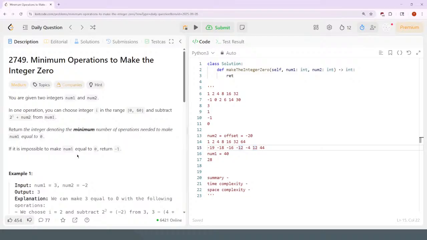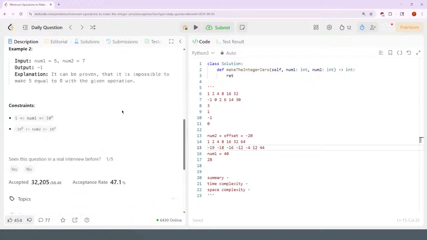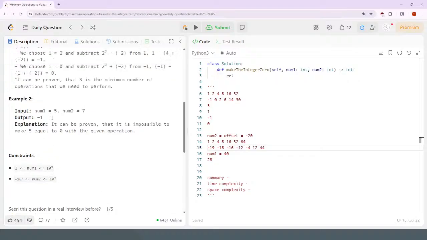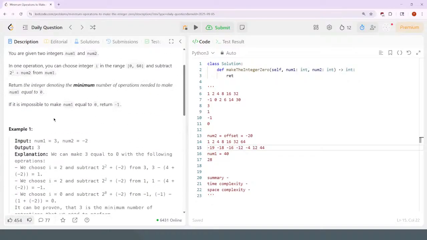Return the integer denoting the minimum number of operations. i is 0 to 60, so 2 to the 60th power is really big. num1 is up to 10 to the 9th, possibly.